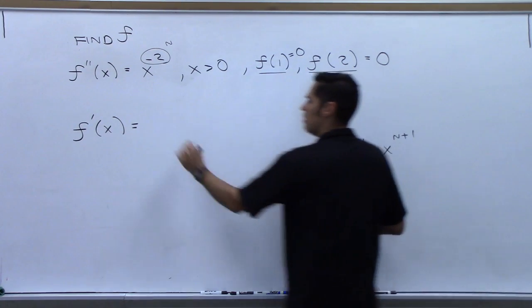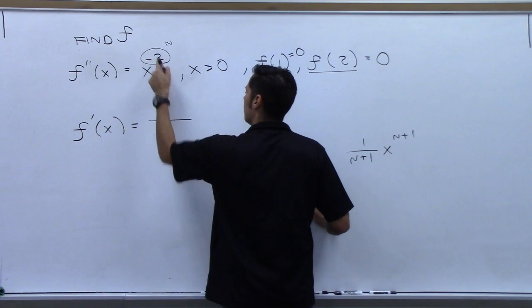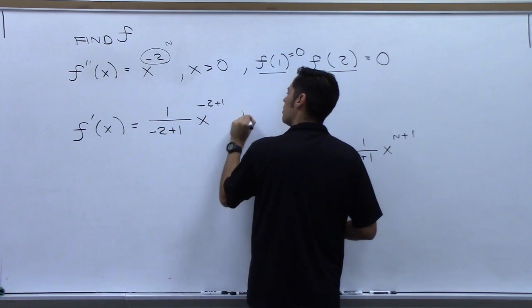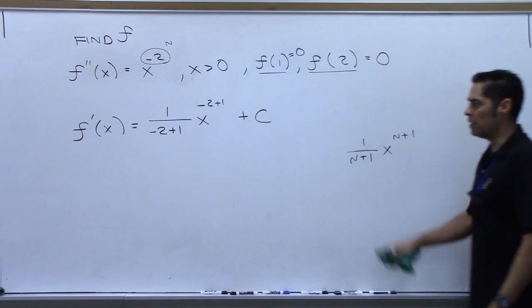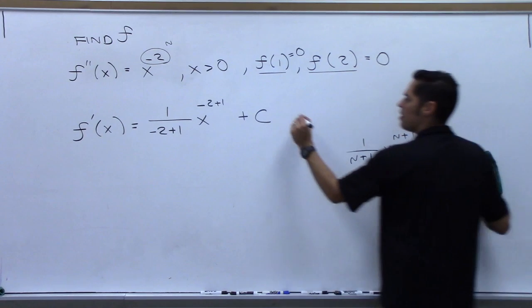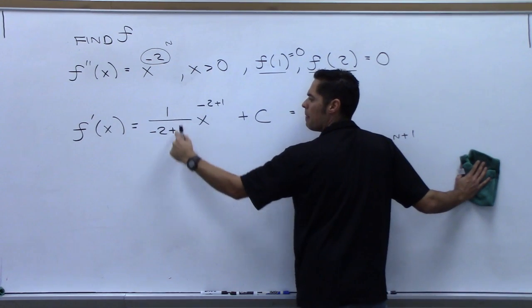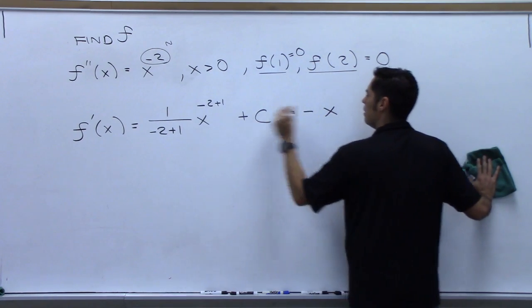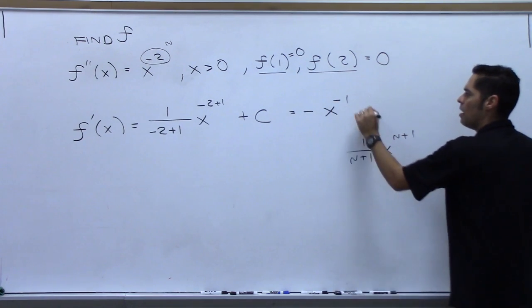So this should be 1 over negative 2 plus 1, x to the negative 2 plus 1, plus a constant, if I'm following the formula. And what's this? Negative 1, x to the negative 1, plus a constant.